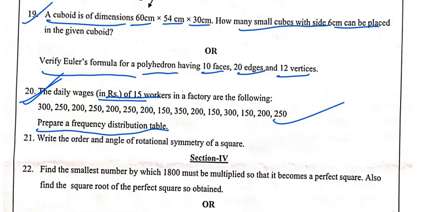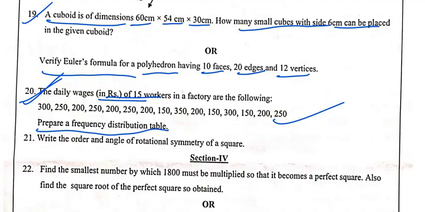For the frequency distribution table, simply you have to do one thing. You have to draw a table. In a frequency distribution table, what is required? Remember that three things are always required. First one, we have to take wages in rupees. So here you will write wages.